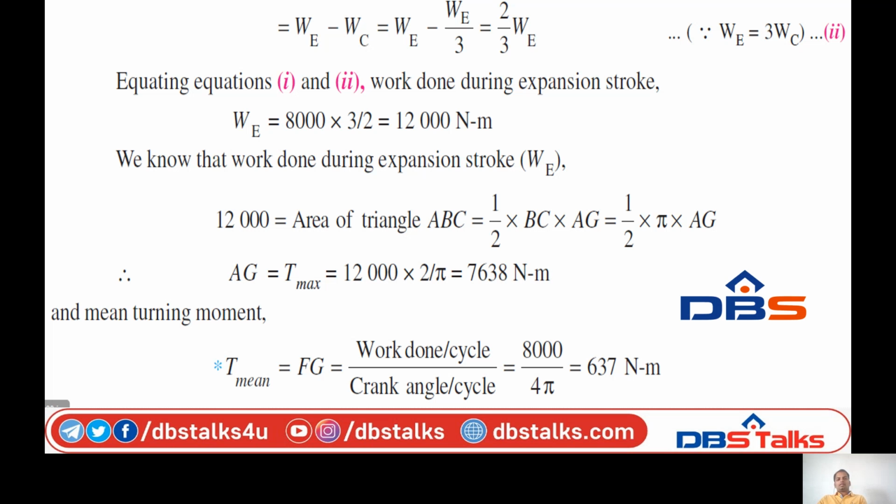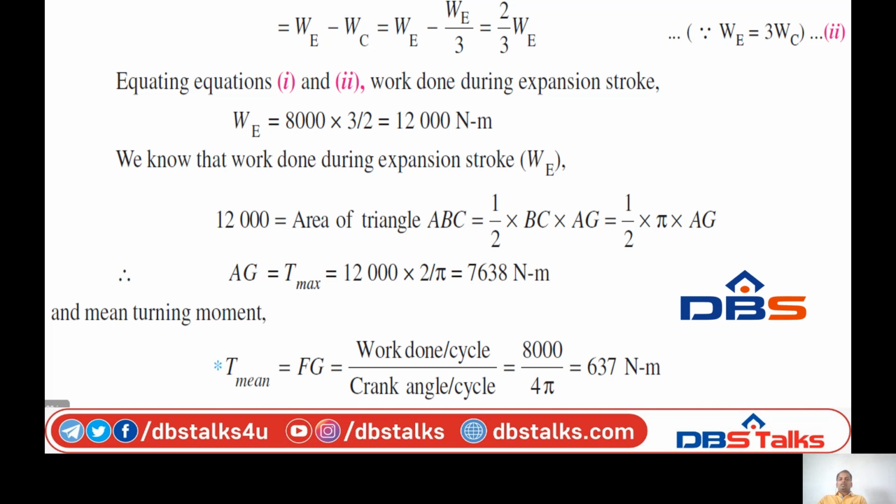Substituting, we get 2/3 of W. By equating the work done per cycle, WE equals 8000 into 3 by 2, so we get 12,000 Newton meter.